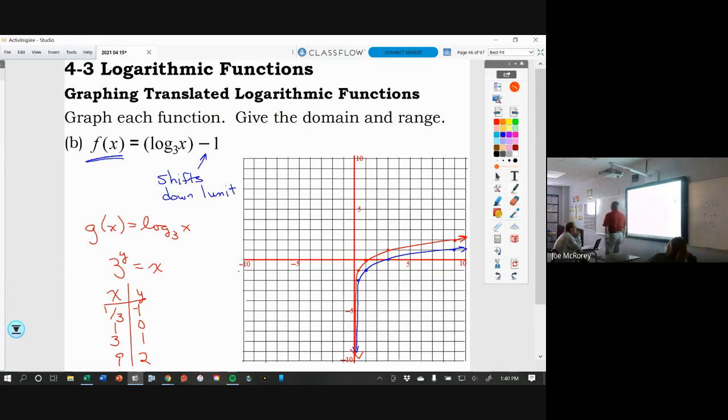For the blue graph, x can be what? 0 to infinity. Range? Negative infinity to infinity. Coming together at all? A little.